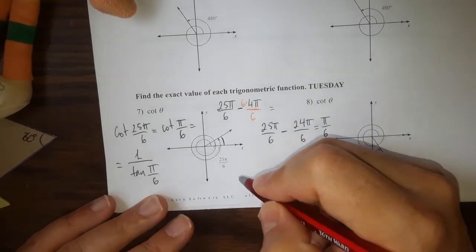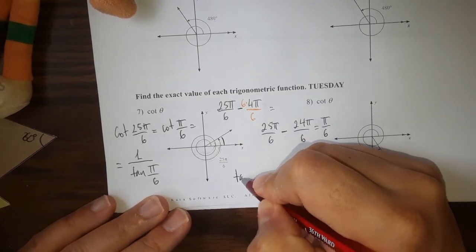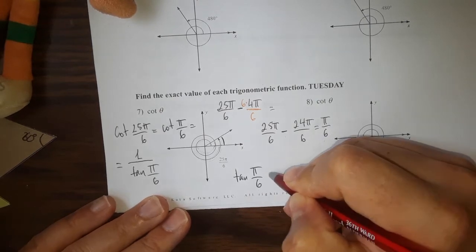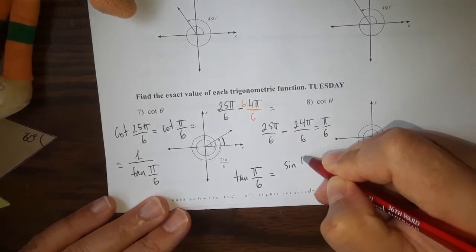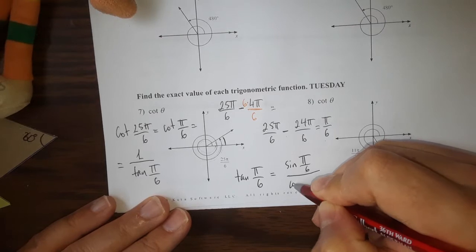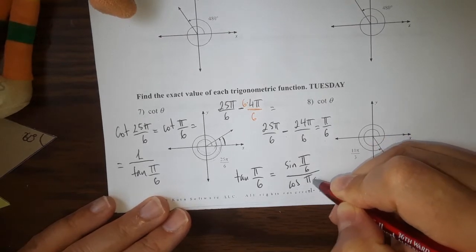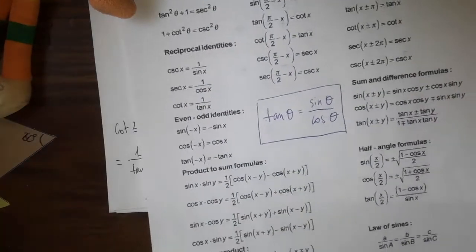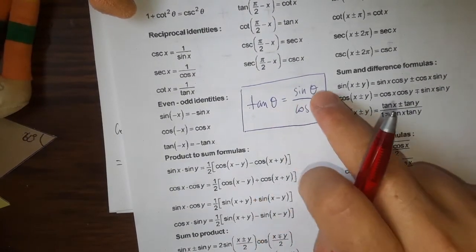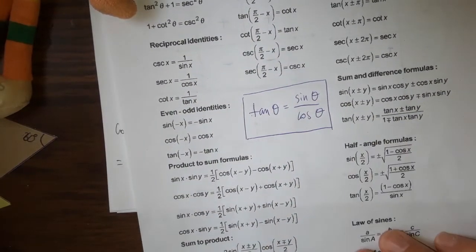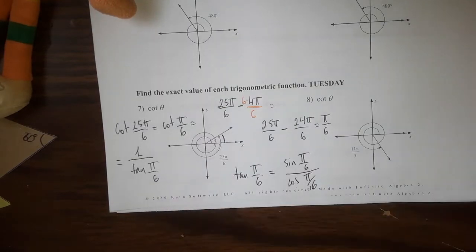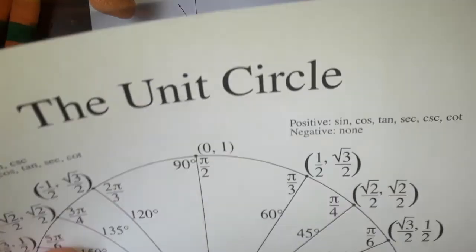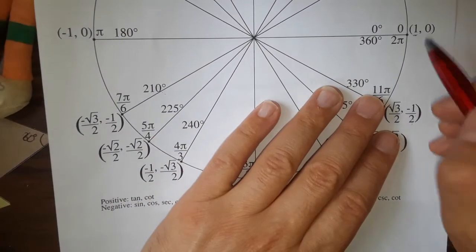But before we take the unit circle, we have to write that the tangent of pi over 6 is the same as sine of pi over 6 over cosine of pi over 6. And I know this because of this identity: tangent of theta is sine of theta over cosine of theta. You really have to know this one. So we go to the unit circle.